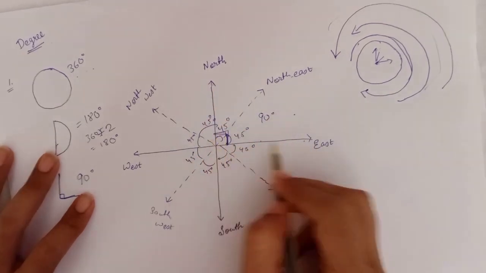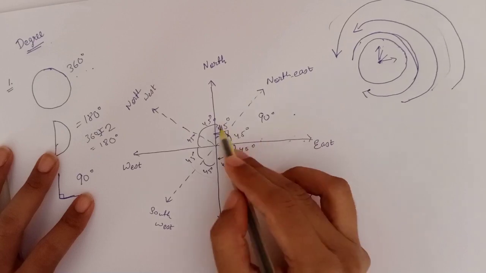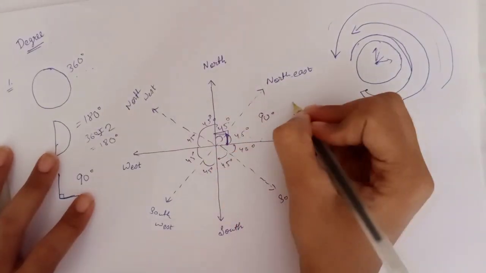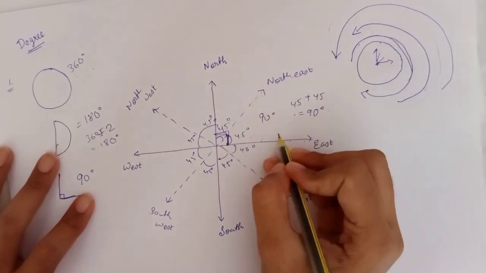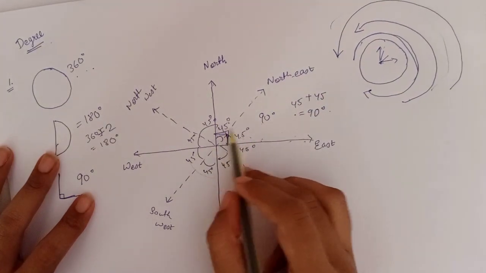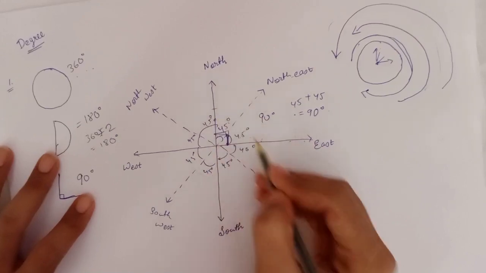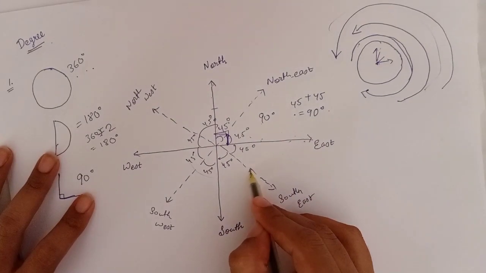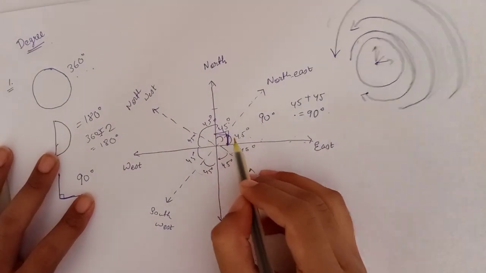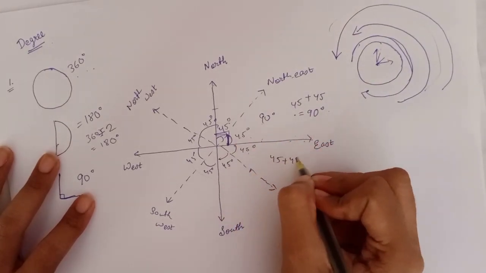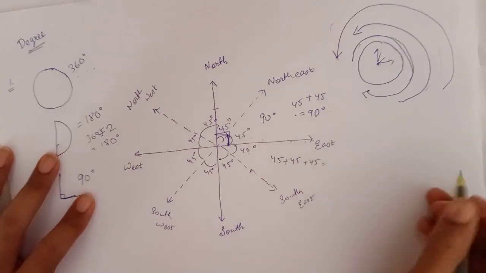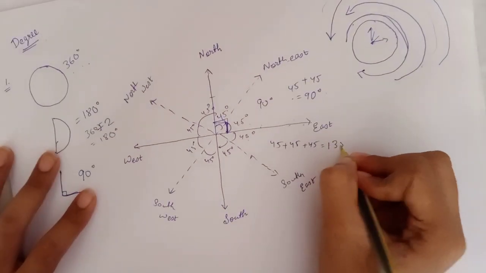Either we can say right angle is 90 degree, or we can add 45 plus 45 which is equal to 90 degrees. Now again, if we want to go from north to southeast, then 45 plus 45 plus 45, 3 times 45, which will be 135 degree.